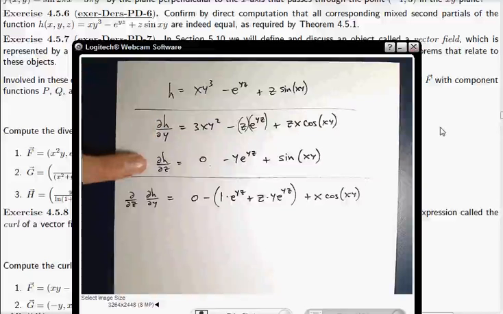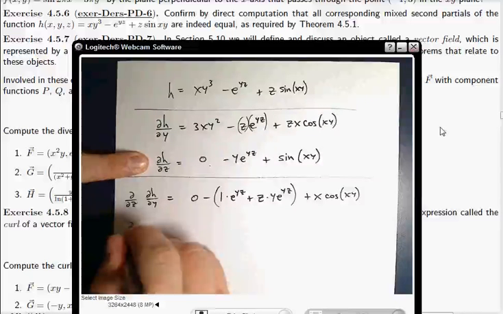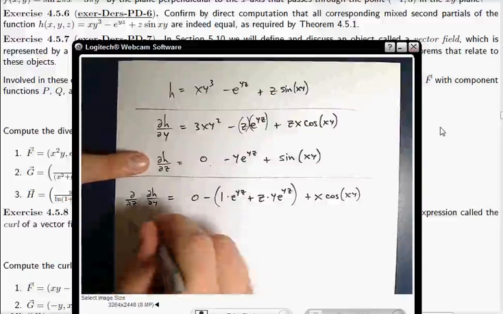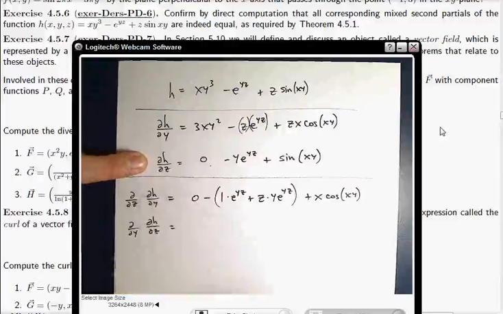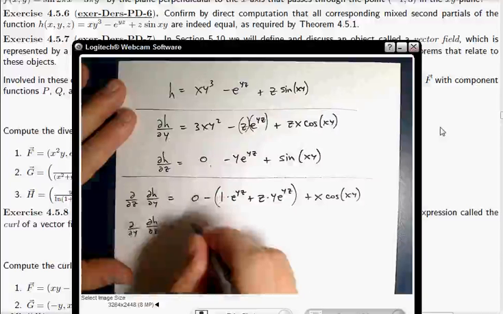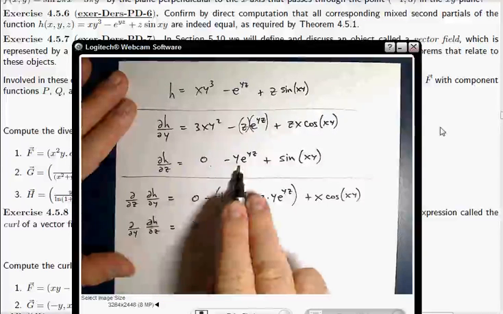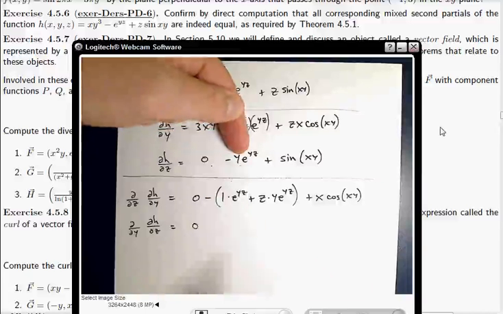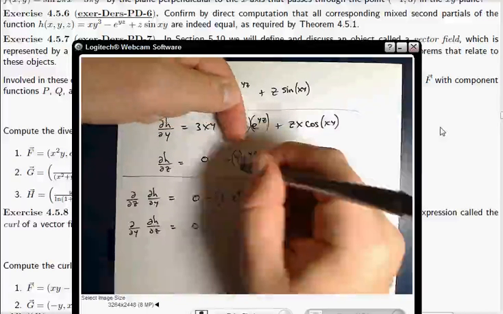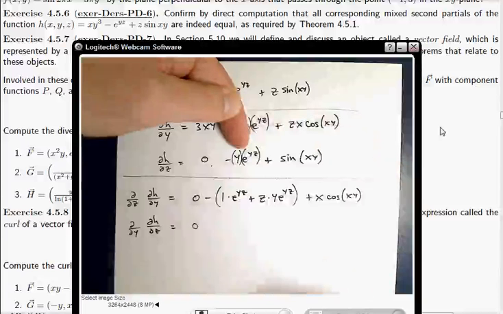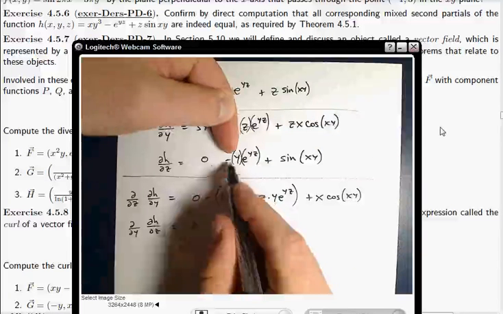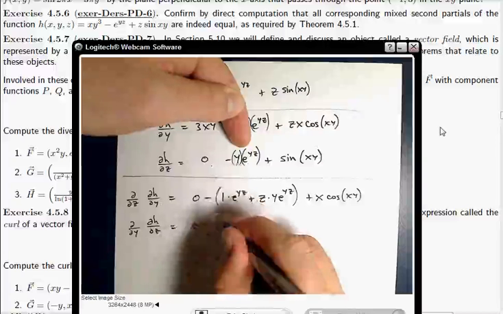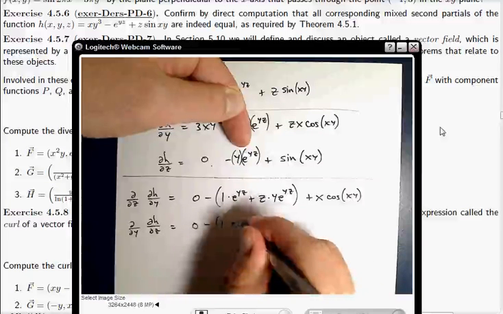Now let's take the y partial of the partial of h with respect to z. The y partial of 0 is still 0. That's good news. The y partial of this, we've got to be careful here, because this is again a product rule problem. y is a function of y, but so is e to the yz. So we're going to have minus: first, the y partial of y gives me 1, and then e to the yz.